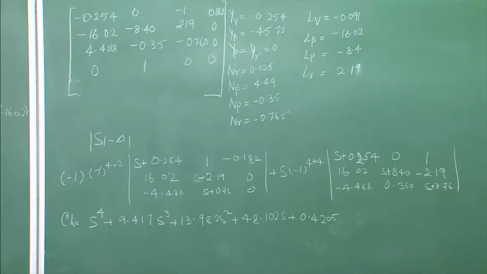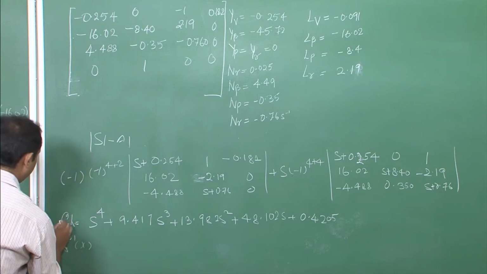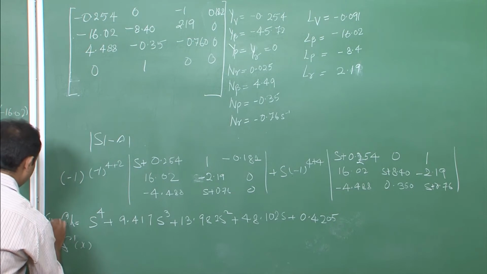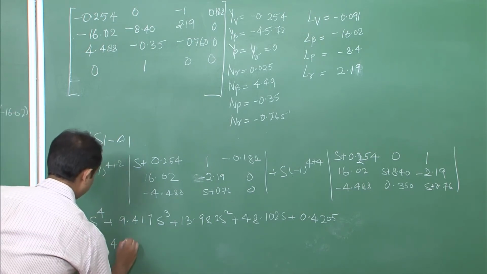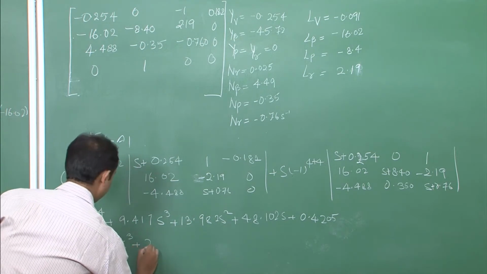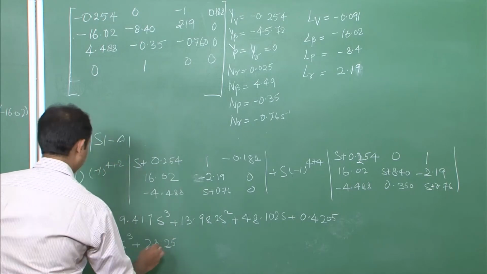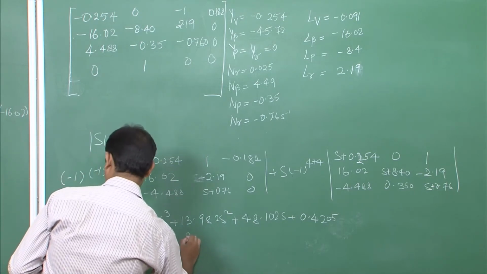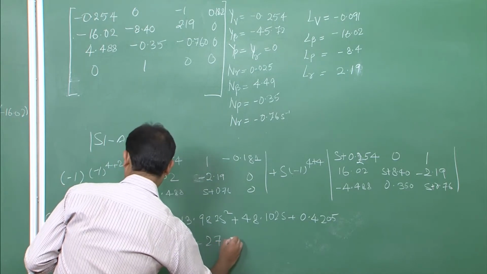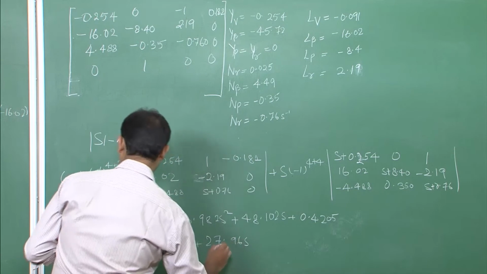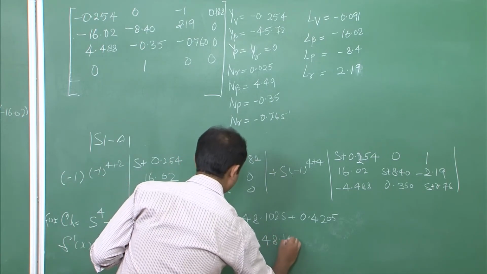Let me write the f dash value of this also. F dash of x will be 4s cube plus 28.25 s square plus 27.96 s plus 48.102.